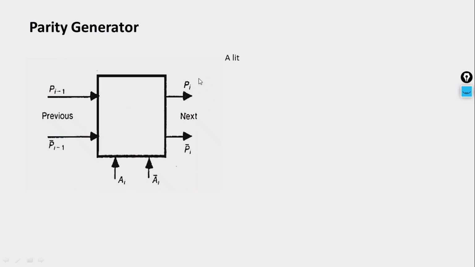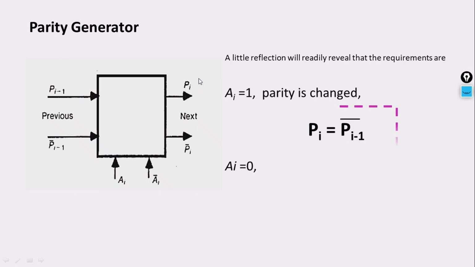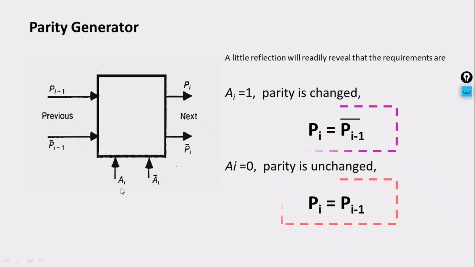Similarly, I can tell that if my input is 1, my output parity is going to be changed, that is, Pi is equal to negation of Pi minus 1. If my input bit is 0, then parity is going to be unchanged.